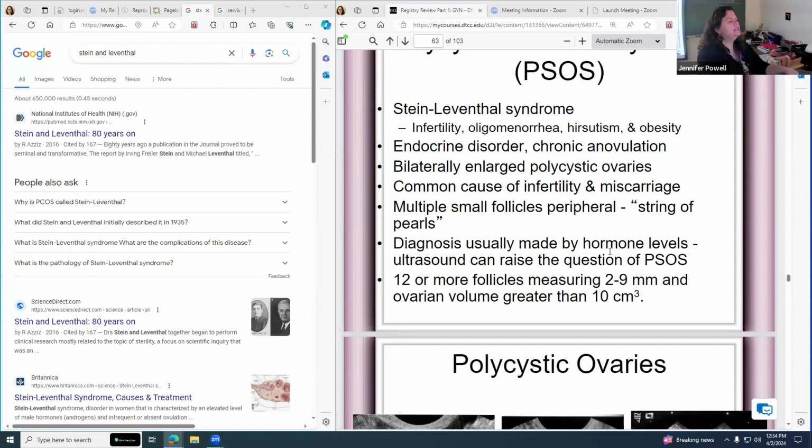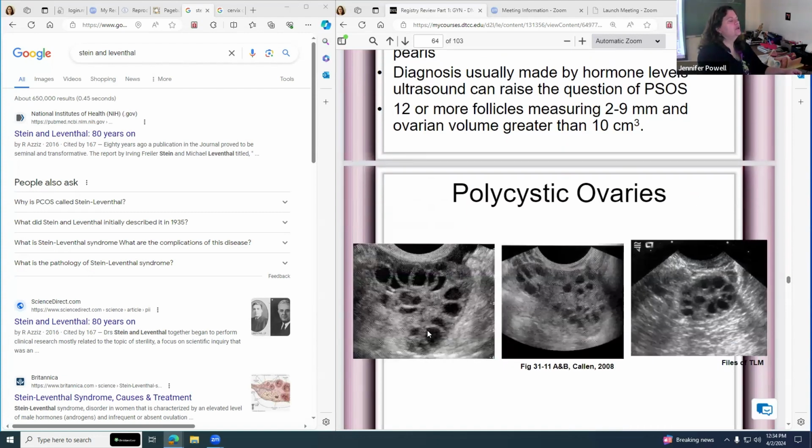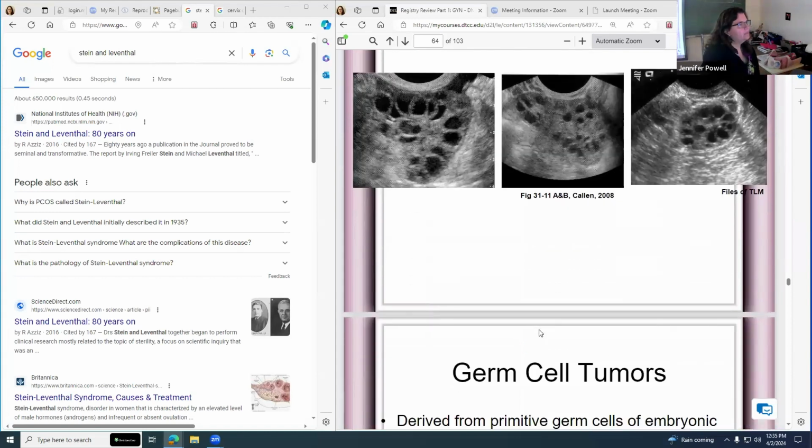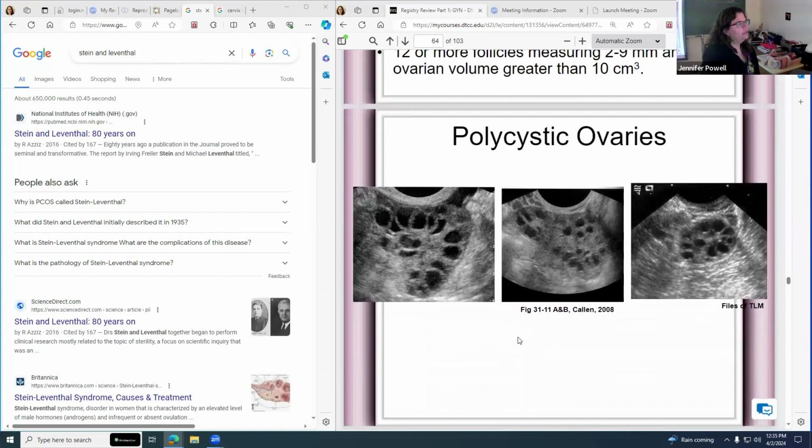So these are immature ovums. You don't have one mature and turn into a Graafian follicle, and it never is ready to ovulate. So that's how that happens. Benign condition, by the way.